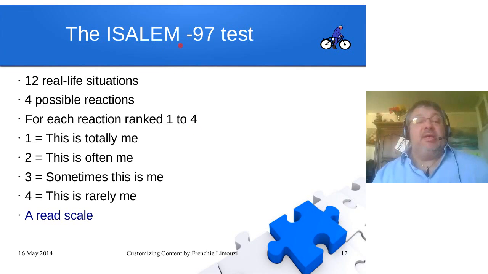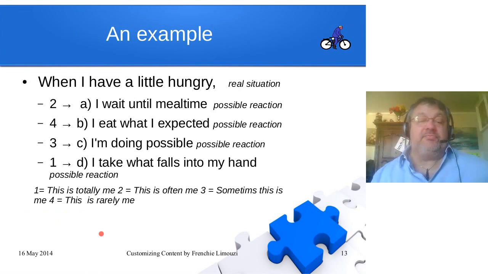What said the Salem test? What is it? 12 real life situations, 4 possible reactions, and the ranking 1 to 4.